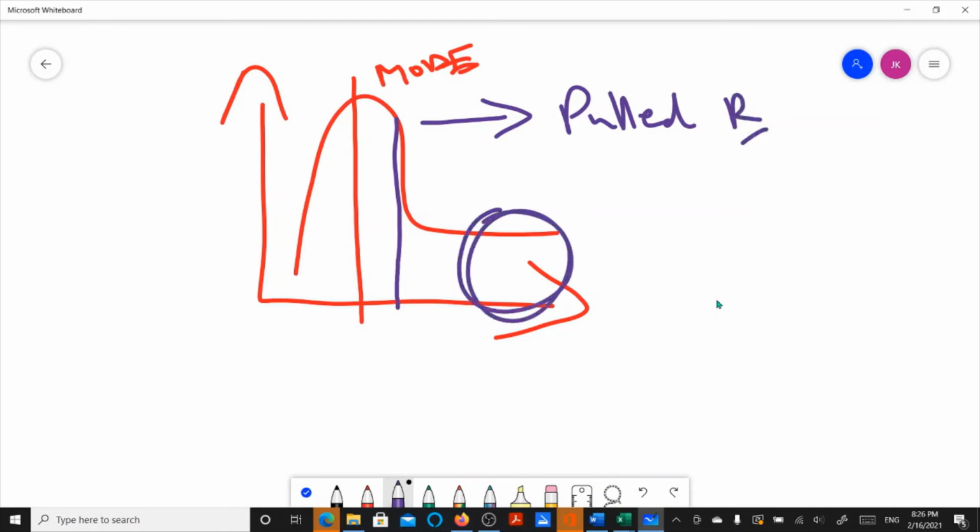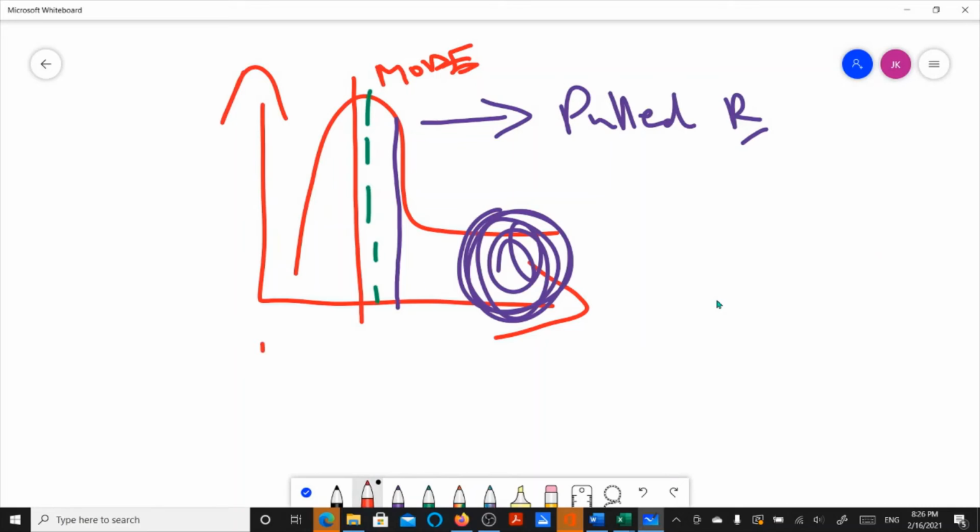Because the tail here has more higher values. You have more observations with higher values. So it's pulled to the right. And the median, you'll always find in between.